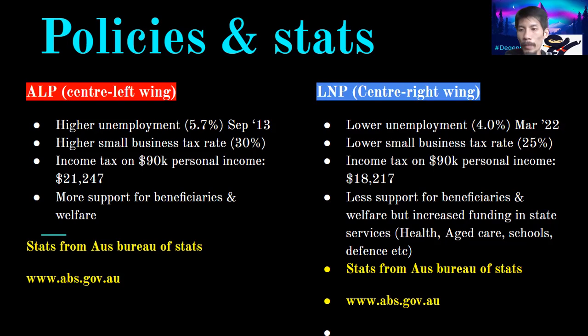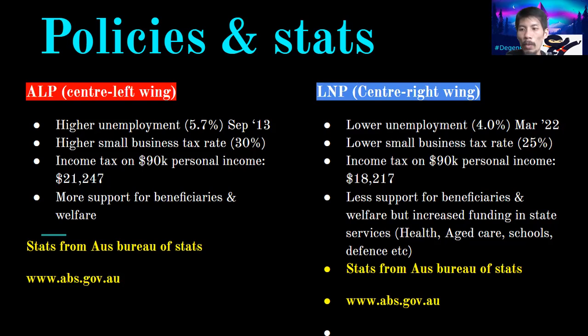Hospital funding, Labor 13.3 billion back in 2013. Currently LNP, 27.2 billion towards hospitals. Medicare bulk bill funding rates for GPs under ALP back in 2013 was 82.2% compared to 88.8% under the LNP.